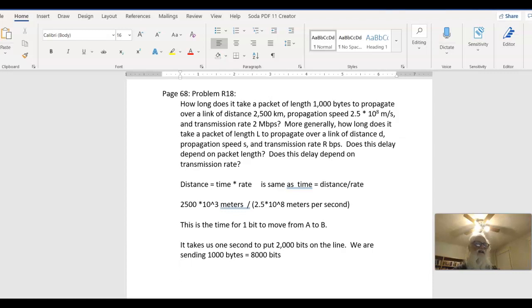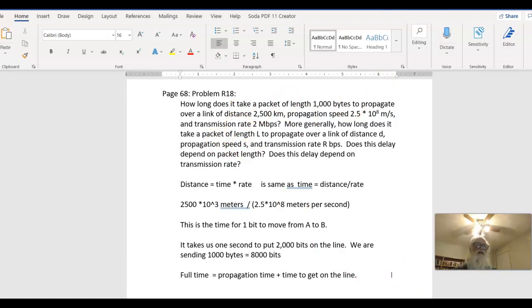So what you have to look at is the full time equals propagation time plus the time to get on the line, which, remember, is the same as the transmission time.